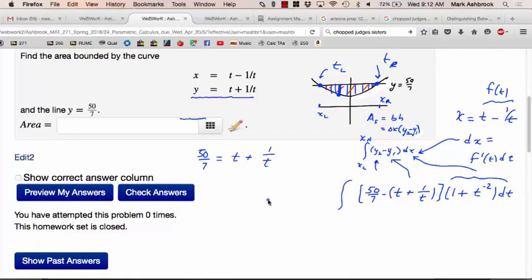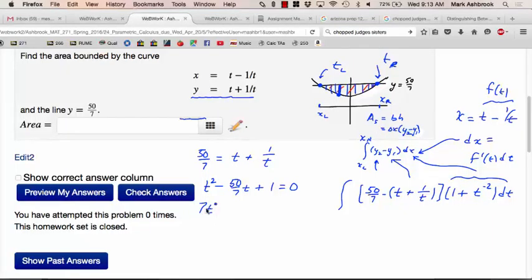So you could use a graphical solution to this, or if you want to do it algebraically, we could get a quadratic by multiplying the whole thing by t, so we'd have t squared minus 50 over 7t plus 1 equals 0, if I multiply everything by t and move everything to one side.